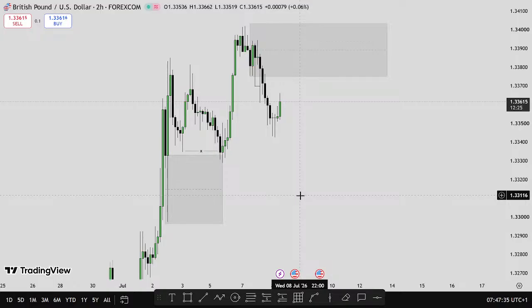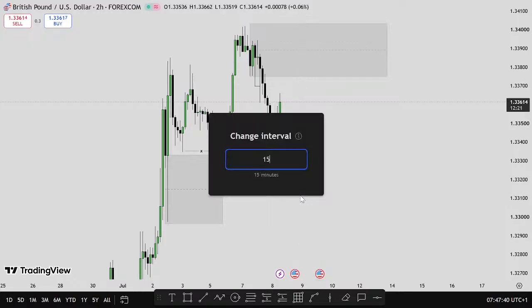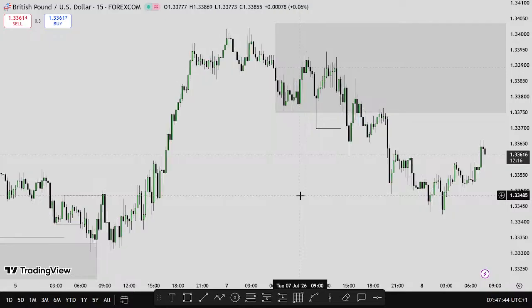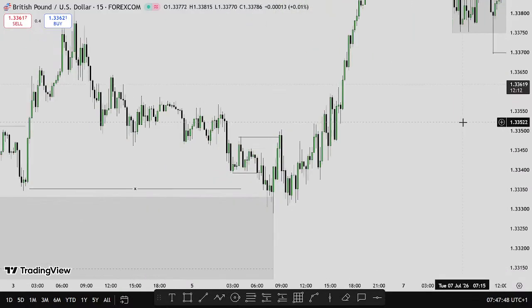But I'll advise you that if you start using 15 minutes, it becomes better, because the way the 15 minutes will be is going to be different than the way the 5 minutes will be. So 5 minutes might give you an earlier confirmation, 15 minutes will give you a late confirmation.